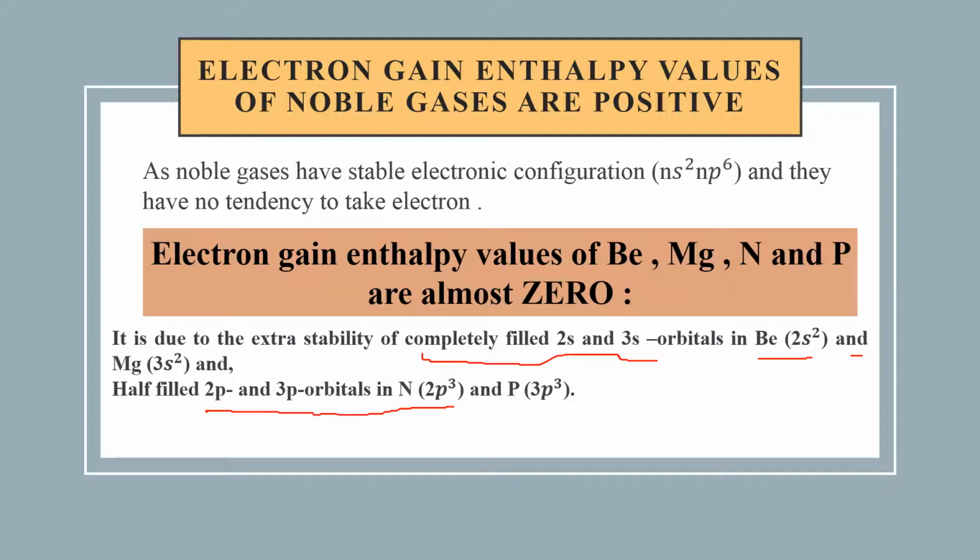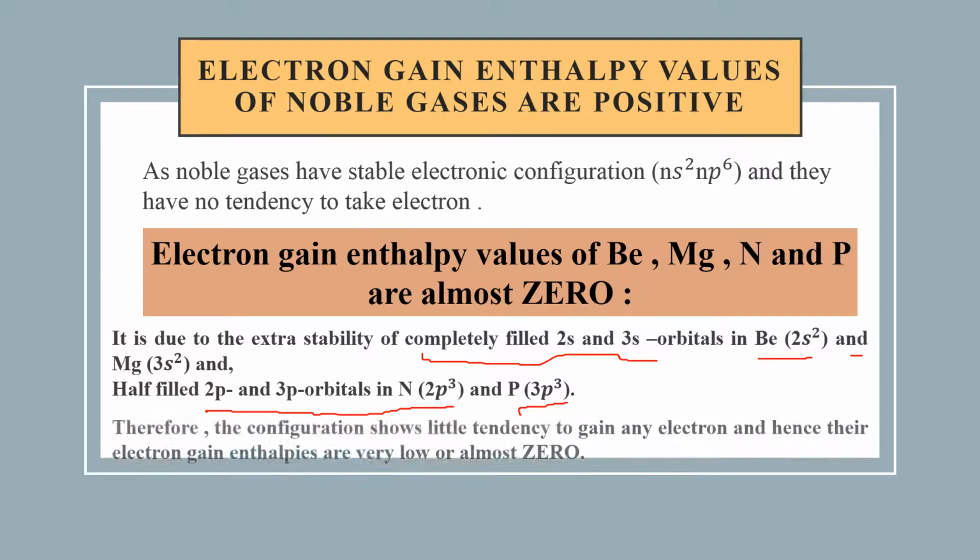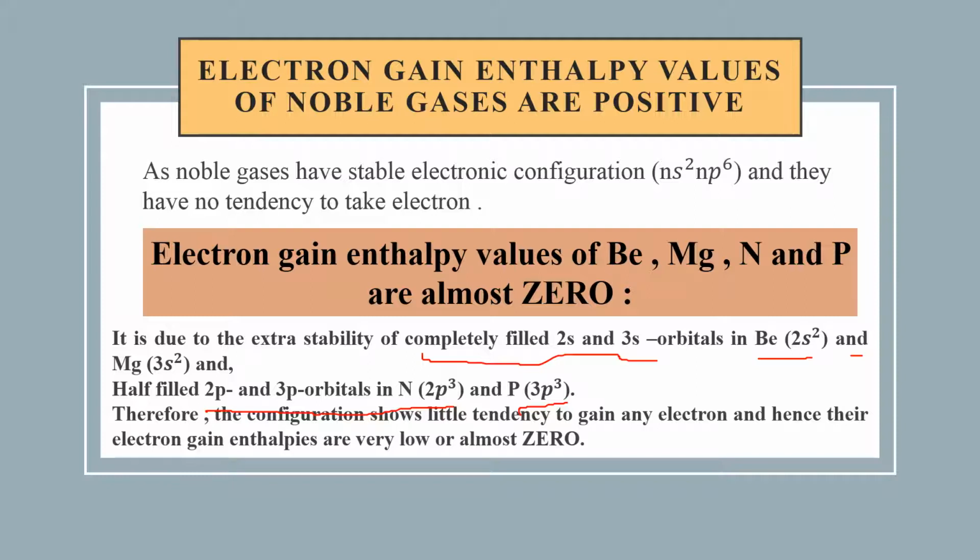Similarly, phosphorus has 3p3 valency electrons. Due to this stable configuration of half filled p orbitals in nitrogen and phosphorus and completely filled s orbitals in beryllium and magnesium, these atoms show little tendency to gain any electron, and hence their electron gain enthalpies are very low or almost zero.